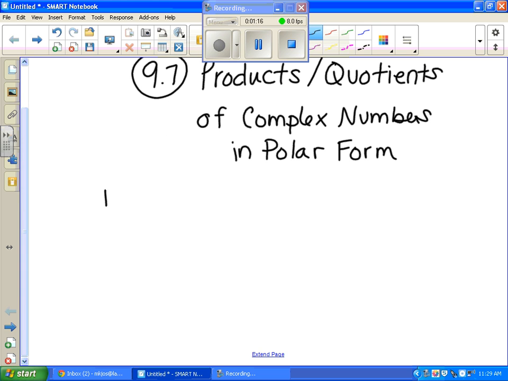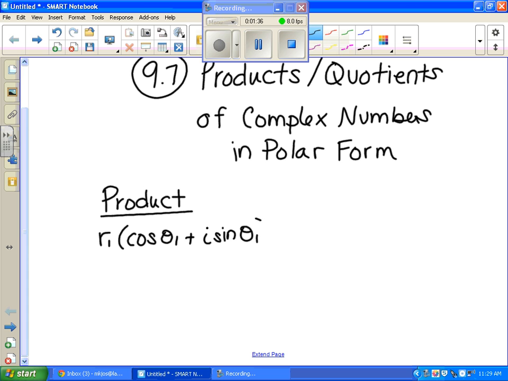The formula for product. If you're multiplying 2 complex numbers, it's the radius 1 times the cosine of theta 1 plus I sine of theta 1, times the radius of the second one times the cosine of theta 2 plus I sine of theta 2. This equals, you will be given this.